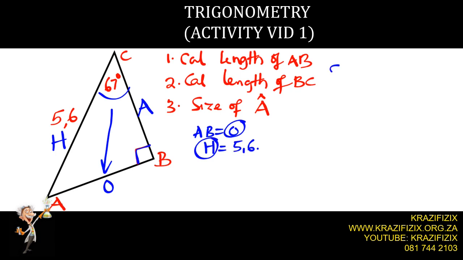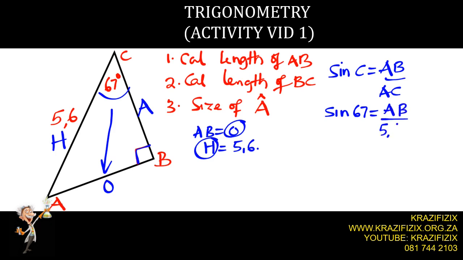So if I have opposite and hypotenuse, what trig ratio am I using? Sine. So can I then say sine C, which, what is my opposite? AB. And what's my hypotenuse? AC. Let's use the letters given. So sine 67, what is my AB? That's what I'm looking for. What about my AC? 5,6. Let's cross multiply.